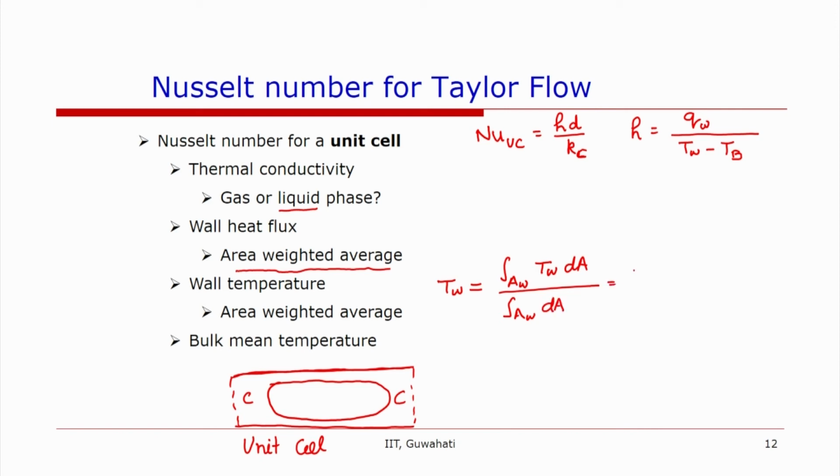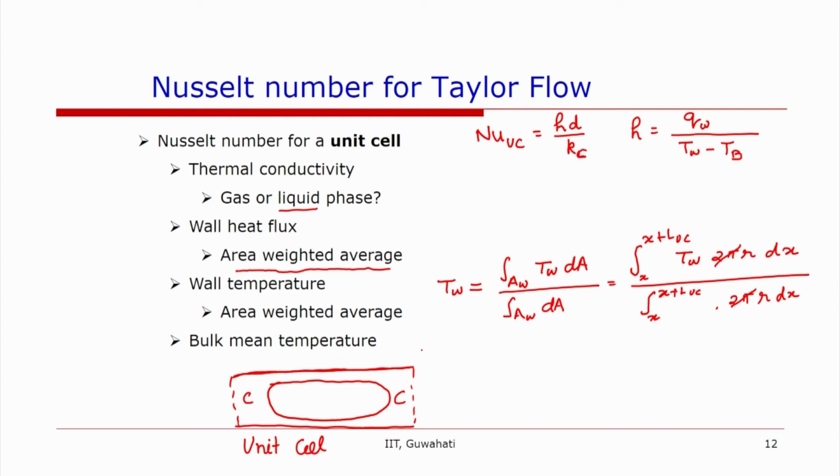Remember this is for a circular channel, so it will be the integral from x location to x plus L, let us say this is L UC, of T wall 2 pi r dx, divided by the integral from x to x plus L UC of 2 pi r dx, not T wall, this will have only 2 pi r dx. So, 2 pi will cancel out and we can get the area weighted average.